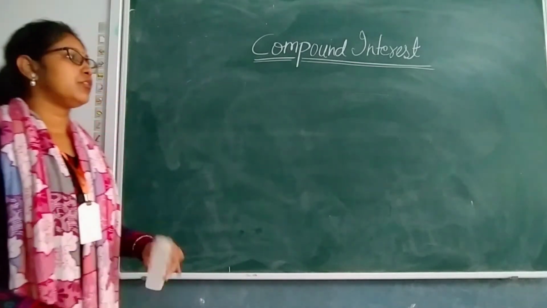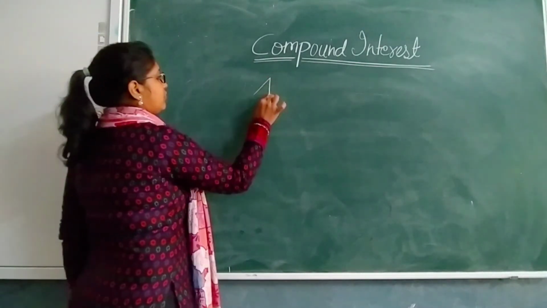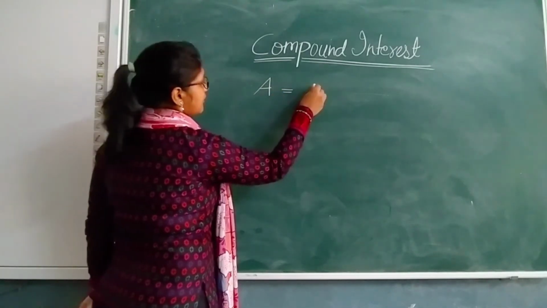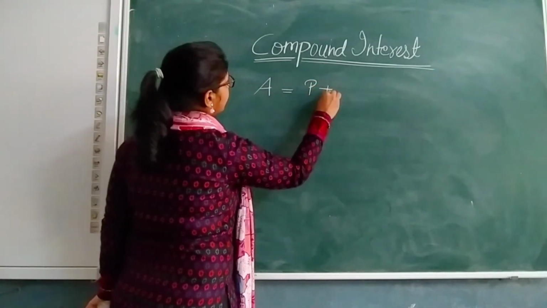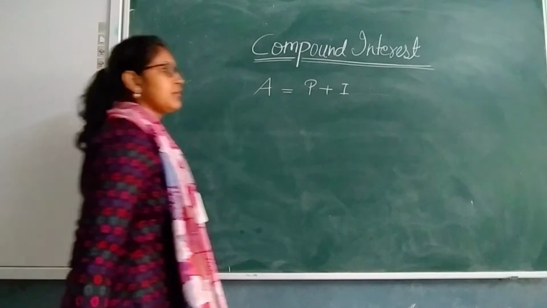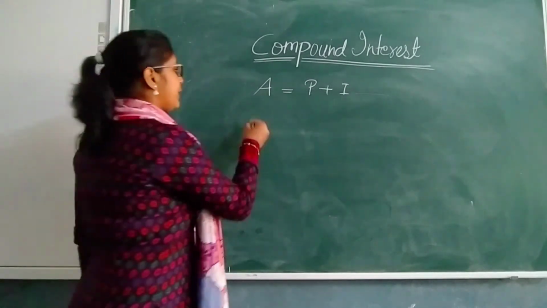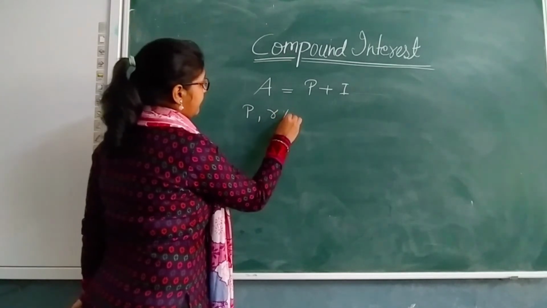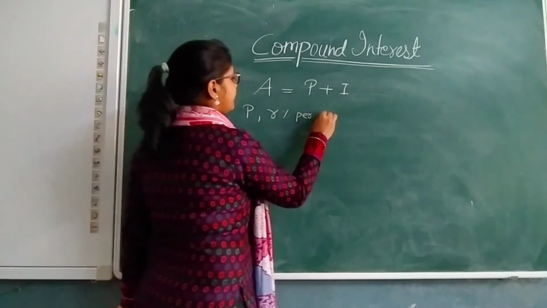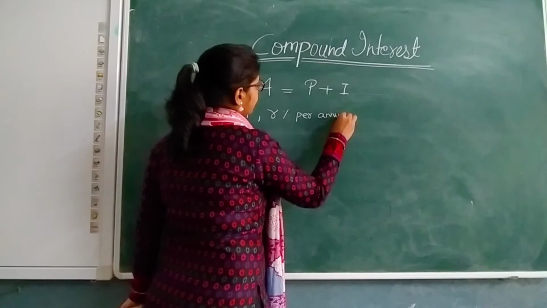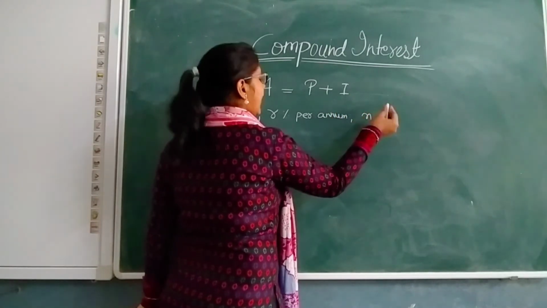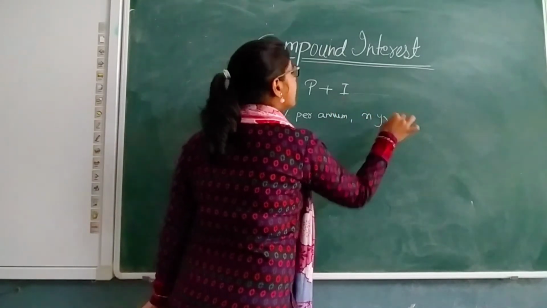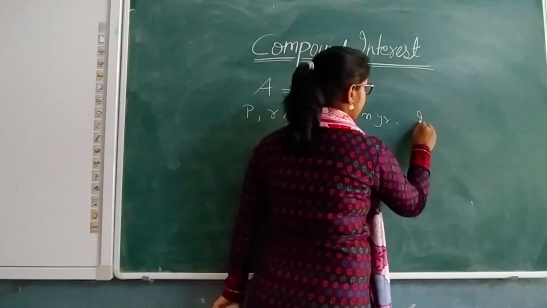Now we know that amount is the sum of principal plus interest. Suppose we borrow P money at R% rate per annum for n years, compounded annually.